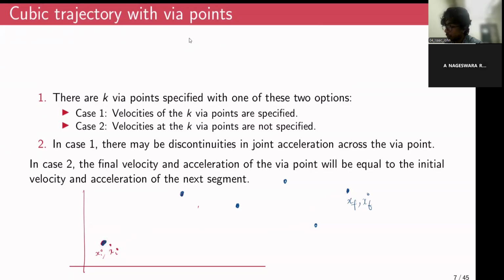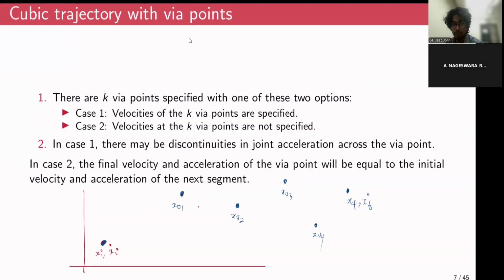But if you want your robot to pass through all these intermediate points, you will have to plan trajectories between these sections, maybe a cubic trajectory between the initial point and the first via point xv1, then the second via point xv2, the third via point xv3 and xv4.